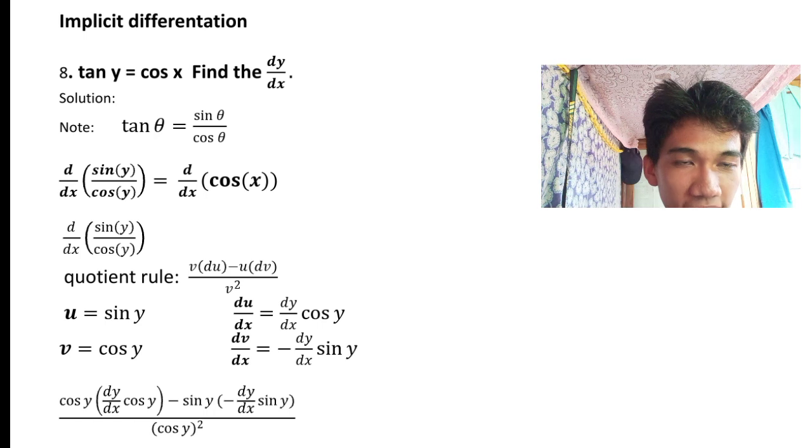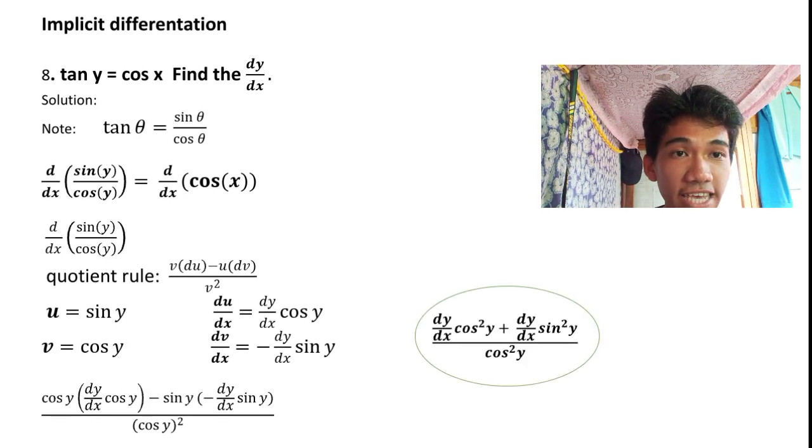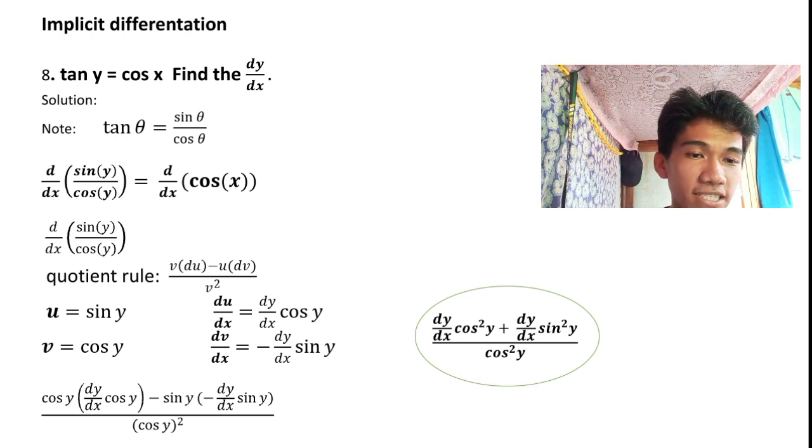After that, we're gonna simplify it all. We have the dy over dx cosine squared of y plus dy over dx sine squared y all over cosine squared of y.